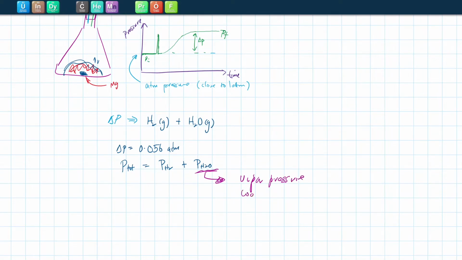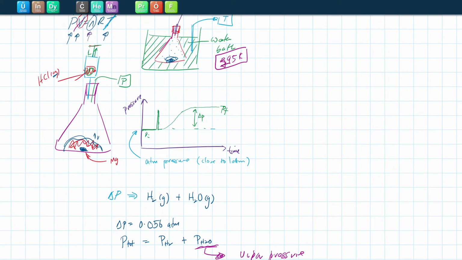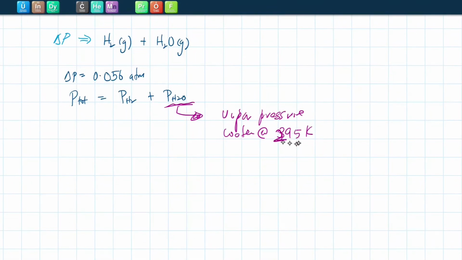Sorry, let's do 295 kelvins. 395 is very hot, over boiling. So let's say it's at 295 kelvins. That vapor pressure, if you look it up, is 19.8 millimeters of mercury. If you convert that, that's 0.026 atmospheres.